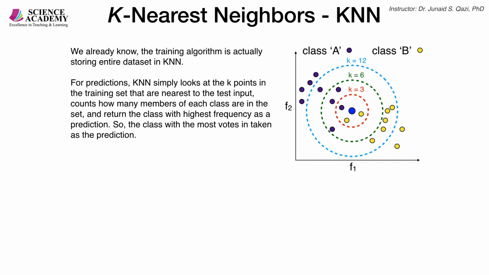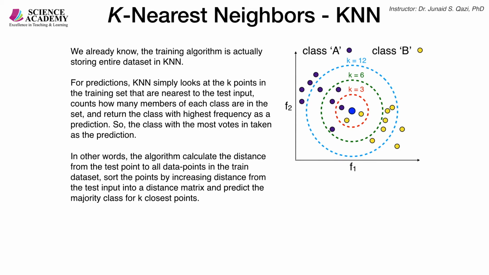So, the class with the most votes is taken as the prediction. In other words, the algorithm calculates the distance from the test point to all data points in the training dataset, sorts the points by increasing distance from the test input into a distance matrix, and predicts the majority class for the k closest points.